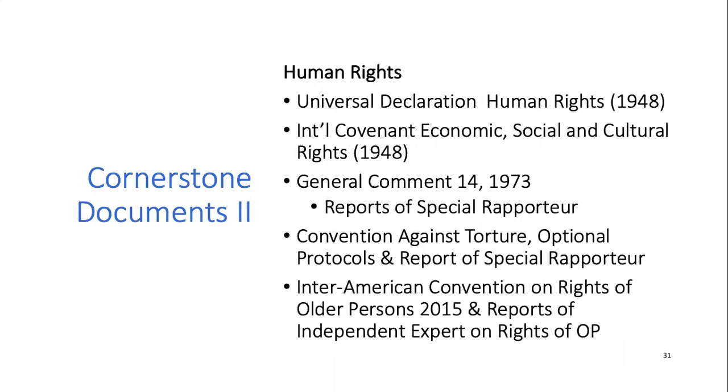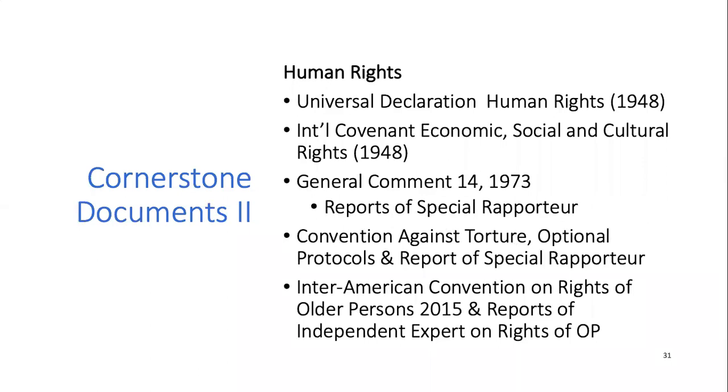The second set of cornerstone documents are the human rights documents: the Universal Declaration of Human Rights, the International Covenant on Economic, Social and Cultural Rights, and General Comment 14, which mentions palliative care and says it should not be denied to certain vulnerable populations. Then the reports of the special rapporteurs, particularly on torture, health, and older persons.